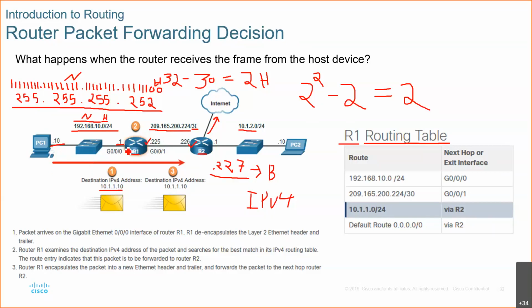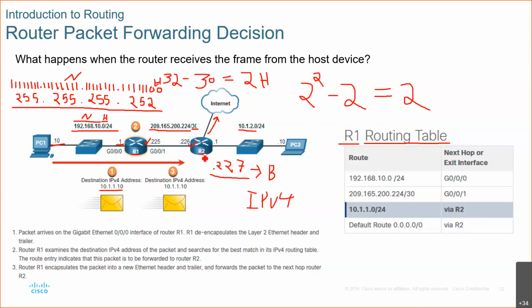Now the gateway will look at this IP address and see that the best match for this packet is to send it to the next hop. So the next hop would be R2.